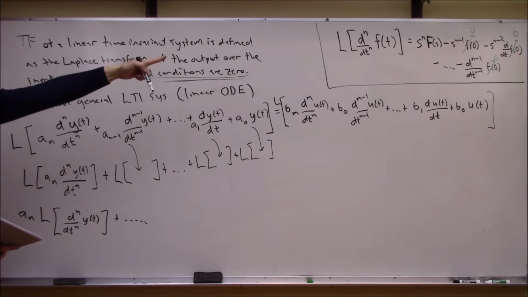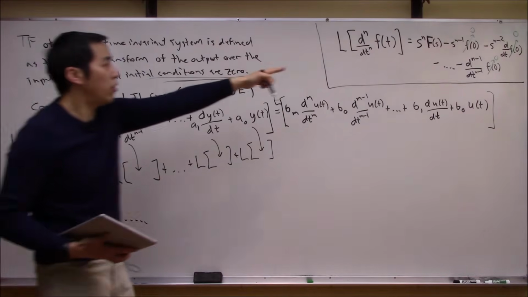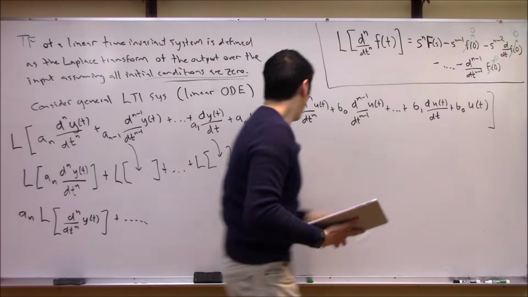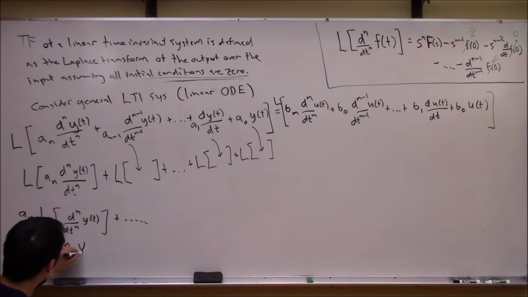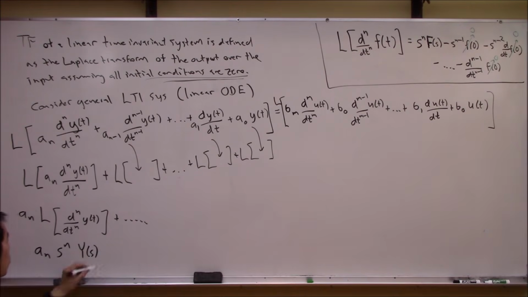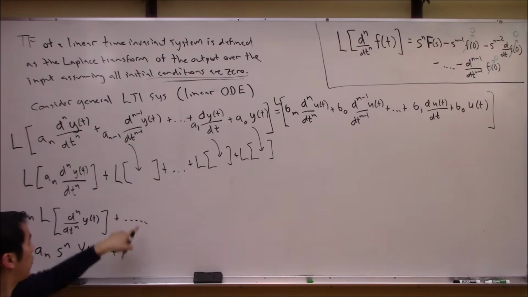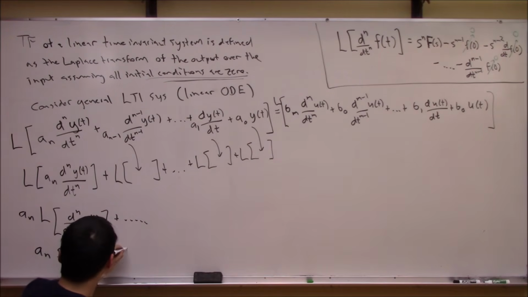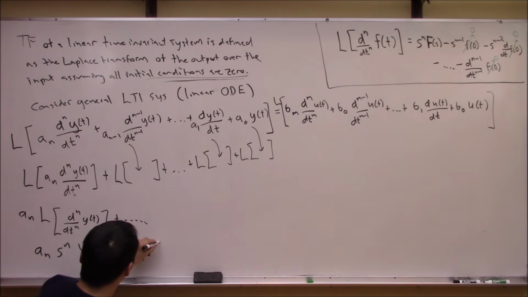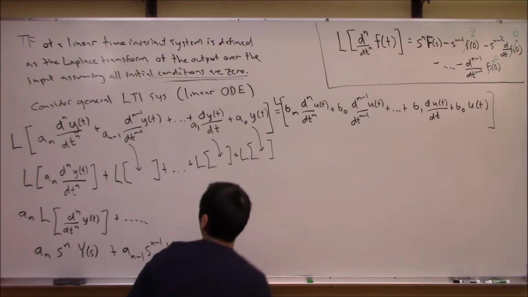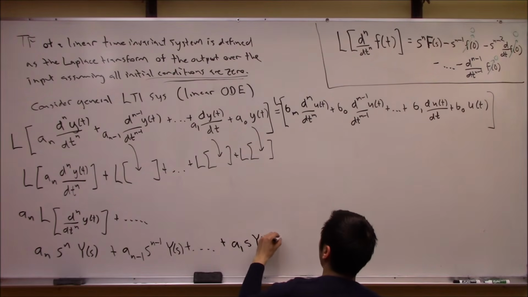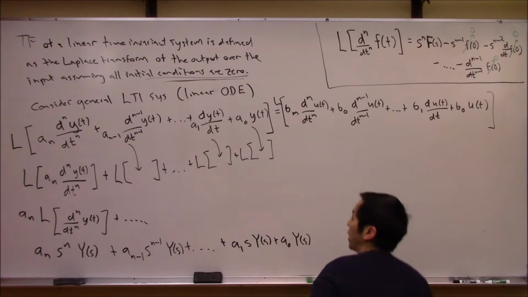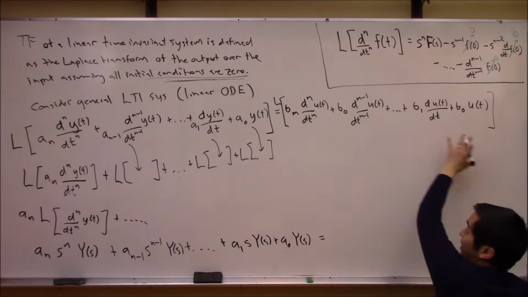According to what we just said, if I assume all the other initial conditions are 0, this term turns into a_n s to the n Y(s). The second term, following the same logic, gives a_(n-1) s to the n minus 1 Y(s), plus all the way down to a_1 s Y(s) plus a_0 Y(s), is equal to, and you do the exact same thing on the other side.